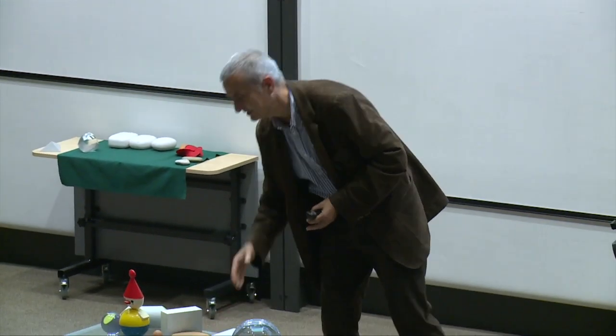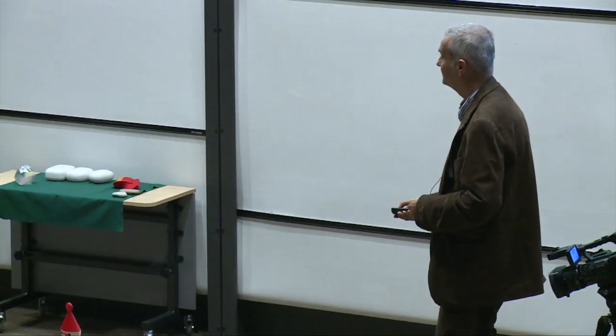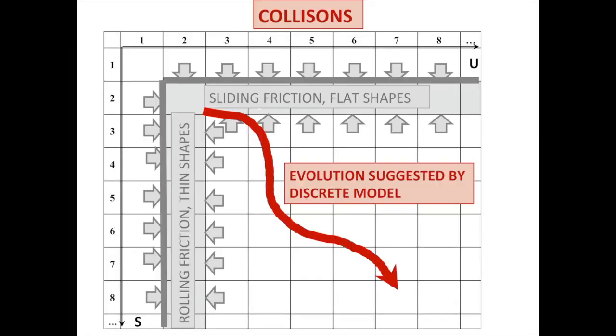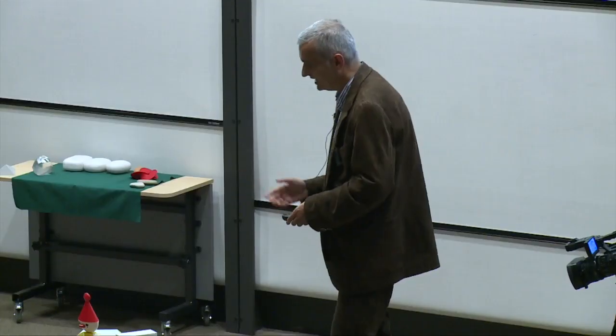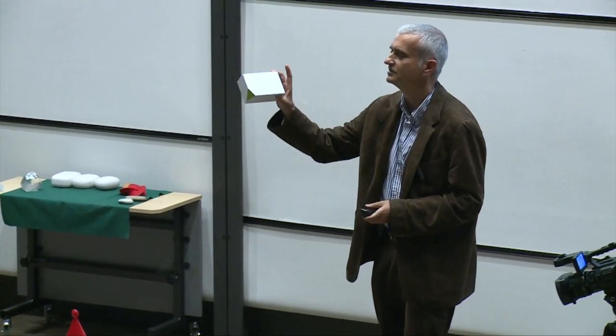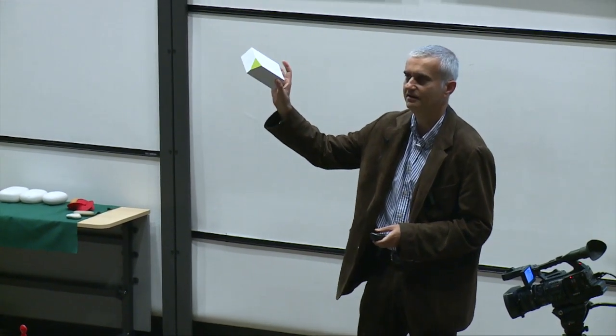How is it possible that the opposite happens on the beach? So naively, this is the evolution which is suggested by this model. You take off a small piece and you get more equilibria. Is it possible to reduce the number of equilibria?